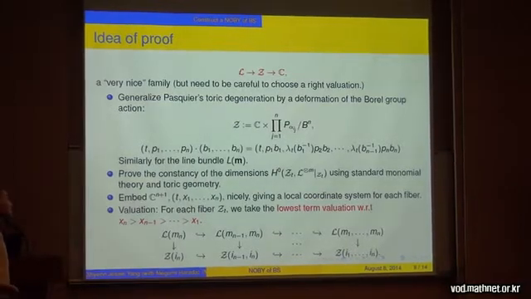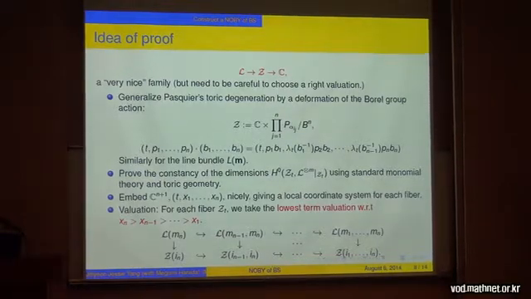So for example, the fiber over 1 is actually the Bott-Samelson variety we are interested in. And the special fiber, the fiber over 0, is the non-singular toric variety. And the line bundle L restricted to the special fiber is of D, and the line bundle restricted to the generic fiber is isomorphic to our line bundle LM.